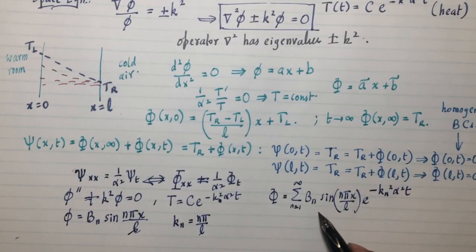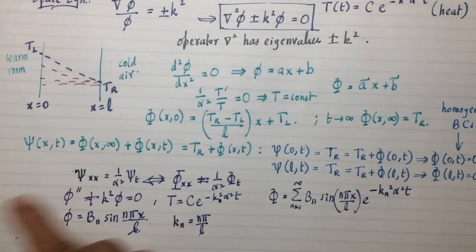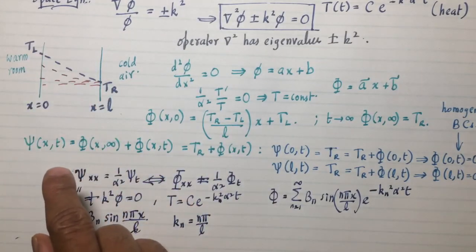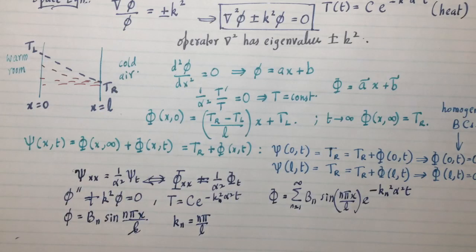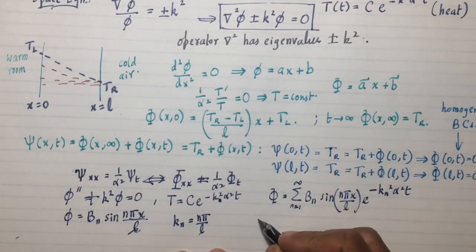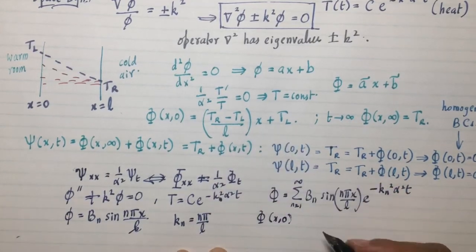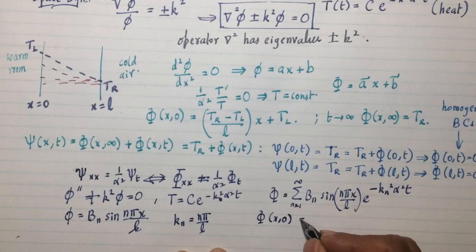And to find these bn's, you proceed as follows. You use the initial conditions. The initial conditions on phi have to be used. Phi of x, 0 is given to be this initial shape. So it's a shape initial condition. I won't write that function; we'll assume that it's just given.